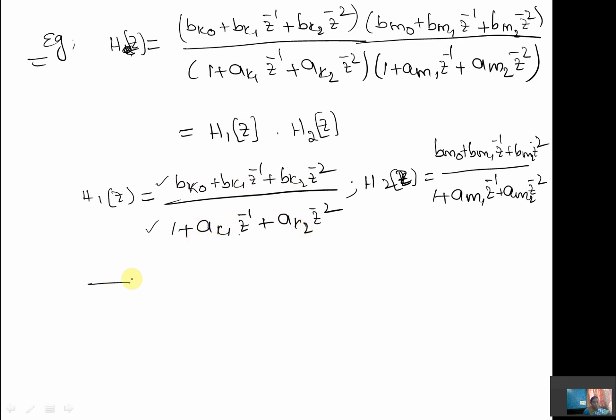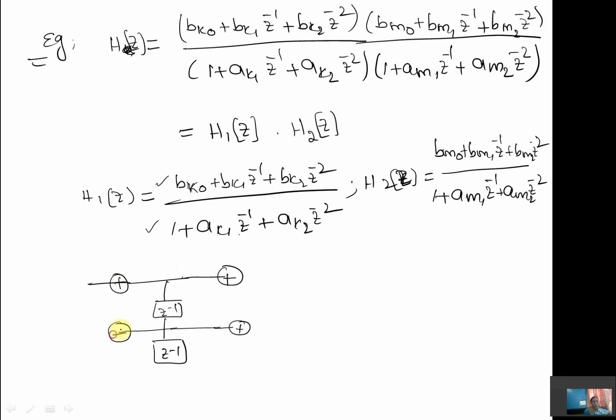So simply first draw the number of delay units. How many? 2 here. That means z power minus 1, z power minus 1. Now use the summers, adders.